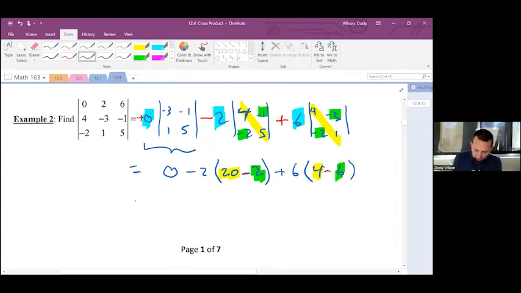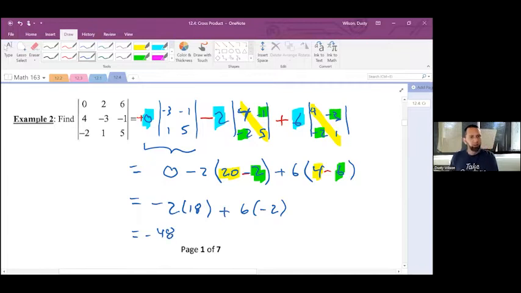And if we put all this stuff together, we have negative 2 times 18 plus 6 times negative 2, which looks like negative 36 plus negative 12, or negative 48. And again, you might ask, what does this number represent? This would represent the scaling factor of a linear transformation.